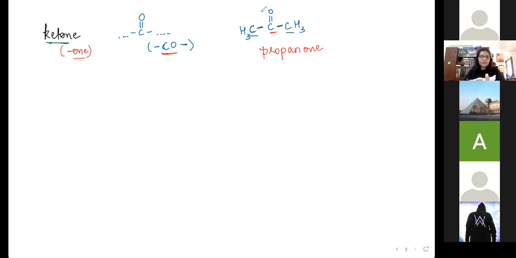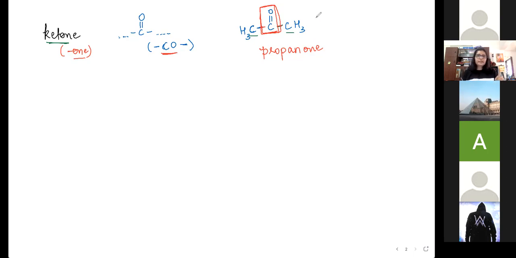This compound, because it contains this part, is a ketone. Hydrogen can be elsewhere, but this part, CO attached on both sides with carbon, is what makes it a ketone.